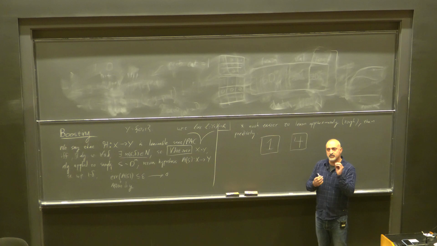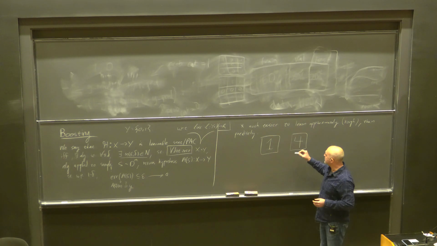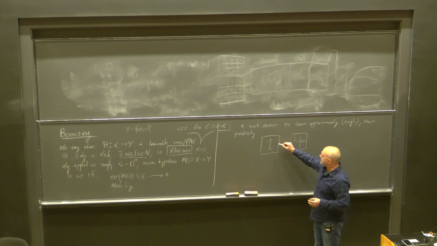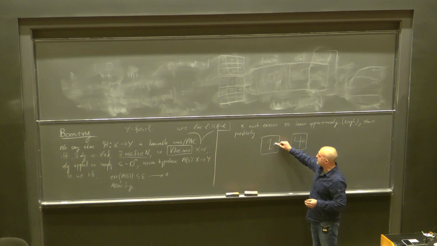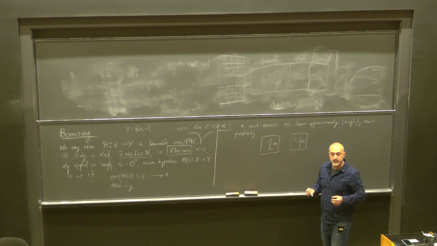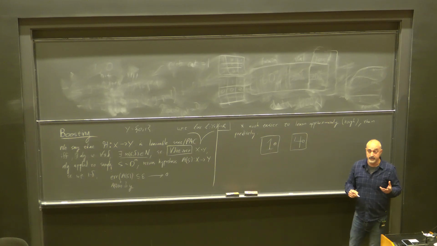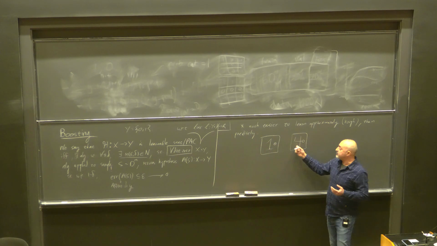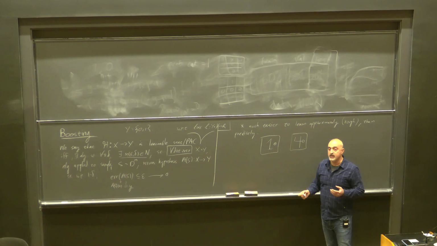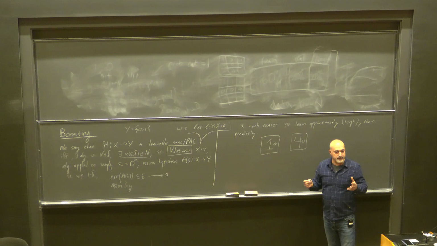But a rule of thumb, something that will get it slightly better than a random guess, we can maybe do. For example, let's check this pixel over here, and see if it's black or white. If it's black, I'm going to say it's a 4, and if it's white, I'm going to say it's a 1. Of course, it's not an accurate classifier.